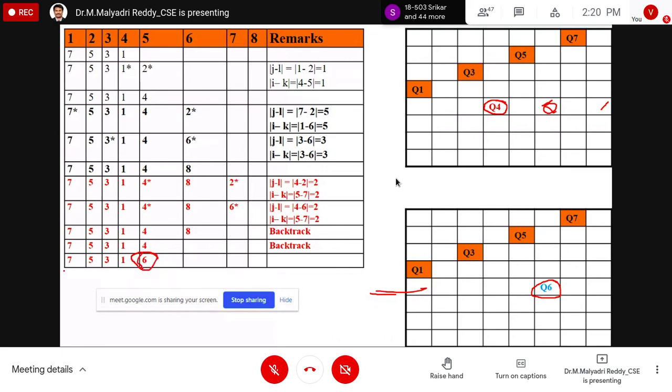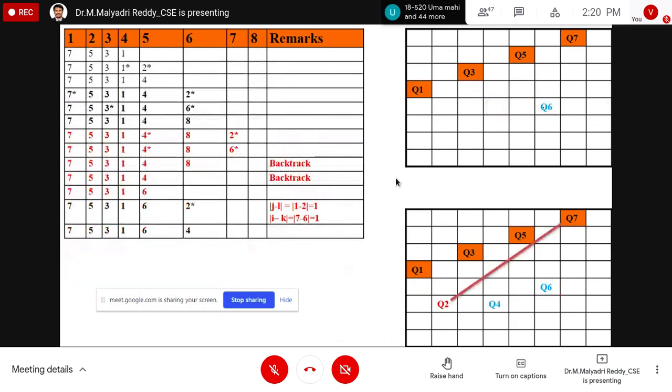This is 7, 5, 3, 1, which is fixed. It is a partial solution. Next I place the queen in the sixth column with the fifth, that is 5 comma 6. So the same process continues. The fifth tuple is completed, then I go to the next.